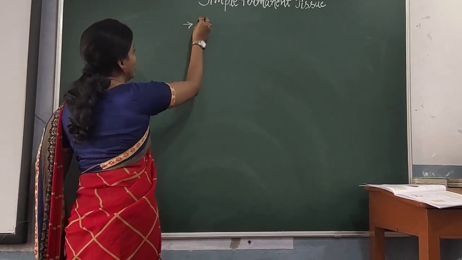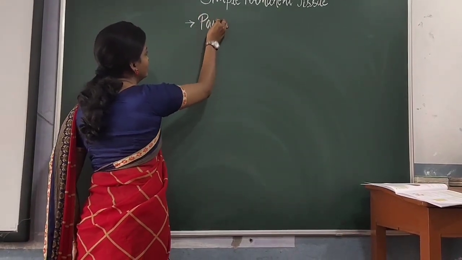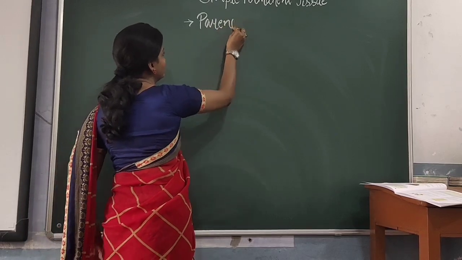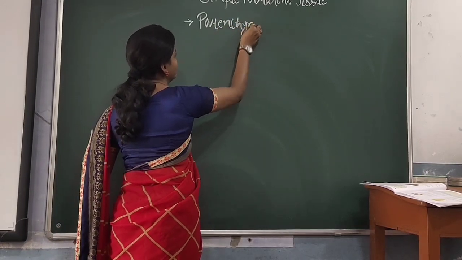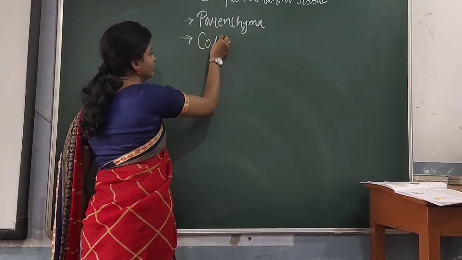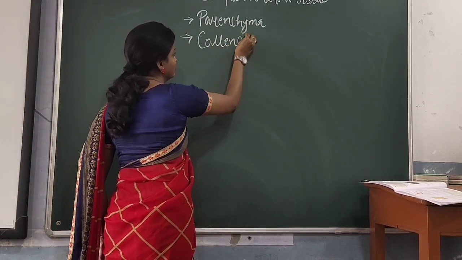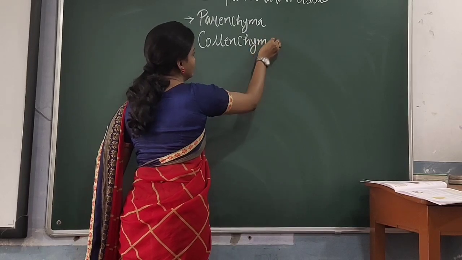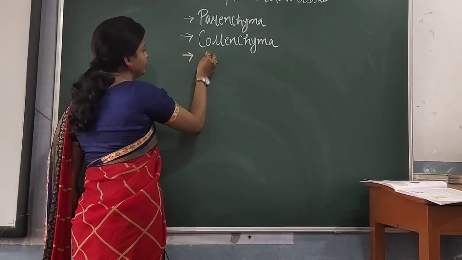First, parenchyma. Second one is collenchyma. And the third one is sclerenchyma.